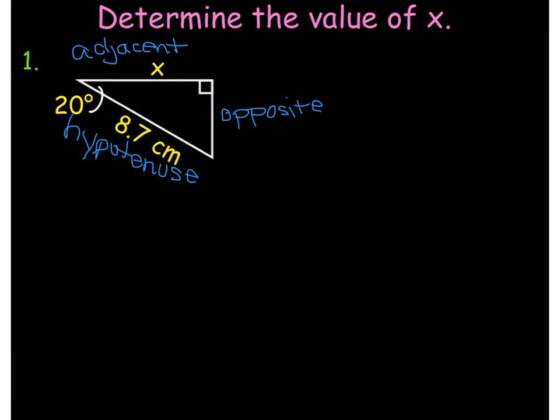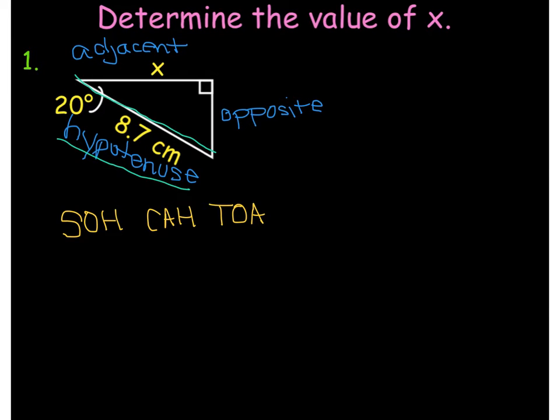And now we are ready to determine which trig function we need to use in order to find the value of x. So in order to do that, I'm going to write out SOHCAHTOA. And I look at which sides are labeled on my triangle. So I have my 8.7 centimeters right here along this side, which is my hypotenuse.